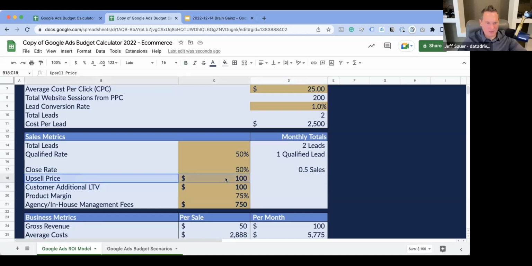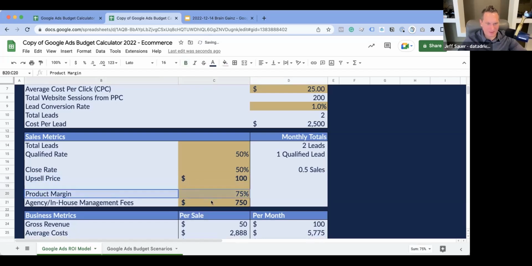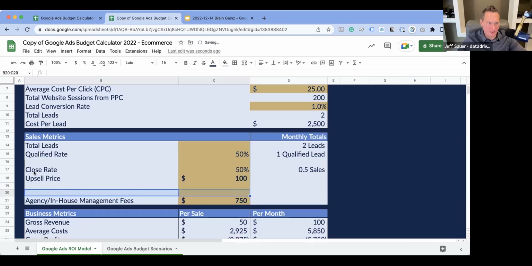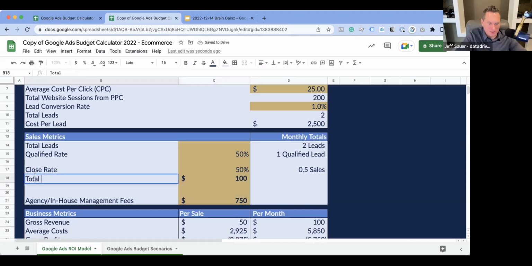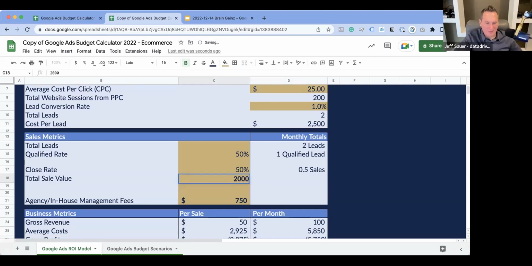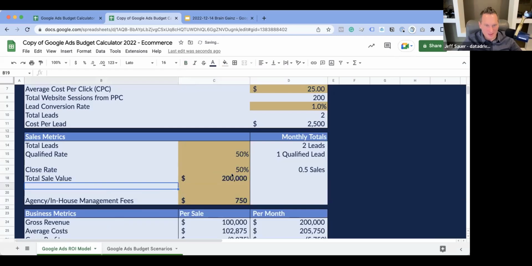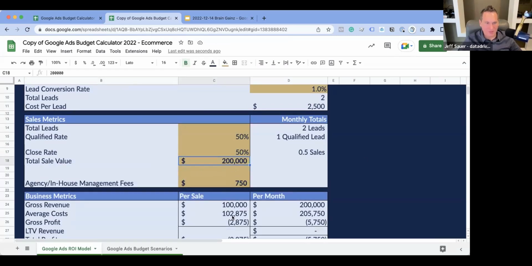Get rid of this one, and then we'll get rid of lifetime value. You've got to just forgive me on this one. We'll even keep the agency fees in there, but I'm just going to say total sale value. Let's just say that you only get half a sale, like 1 sale every 2 months, but each sale is worth 200 grand. Now I know people who do this, and I've seen it happen. So you have on here $100,000 in gross revenue.